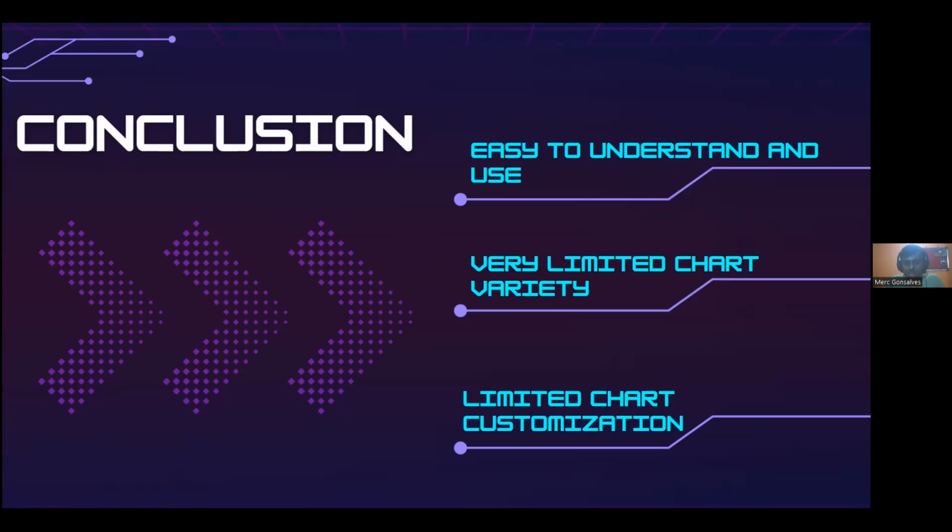This is really good for that. It again has very limited variety, and finally, very limited chart customization. You're only limited to three charts in this: the line, the pie, and the bar graph.